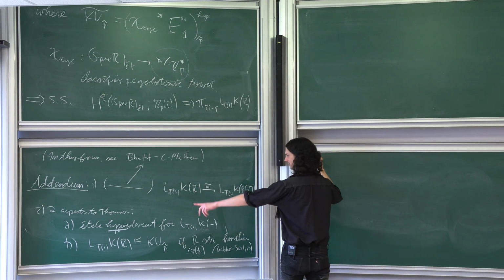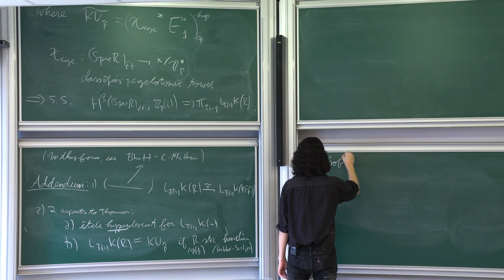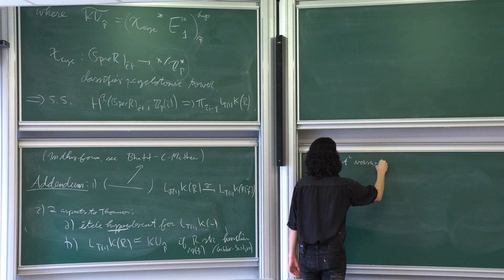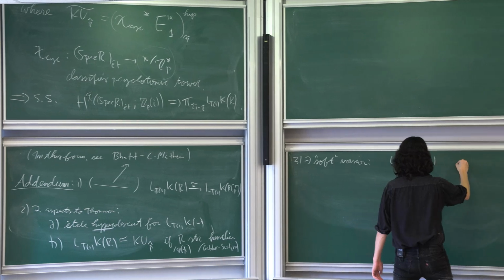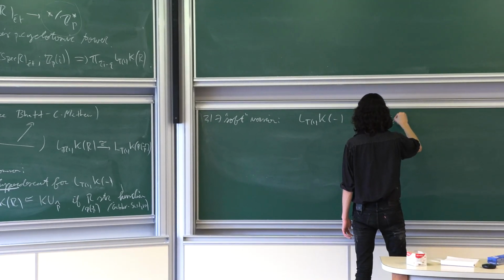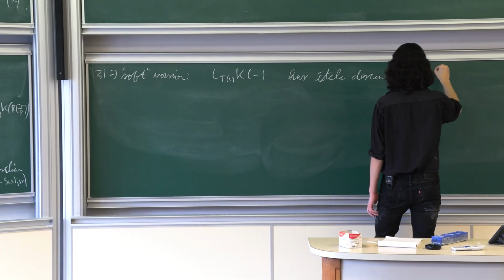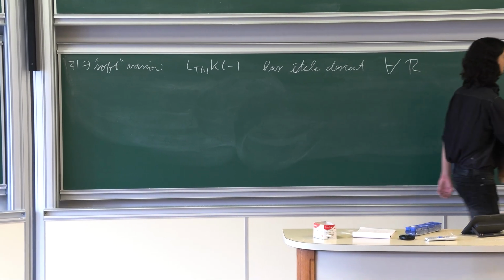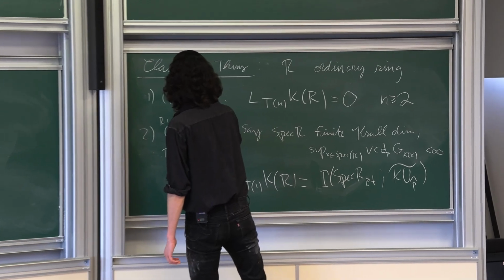There's maybe another, a soft version. L_{T(1)} K has étale descent for all R. Maybe here I should have said R commutative.